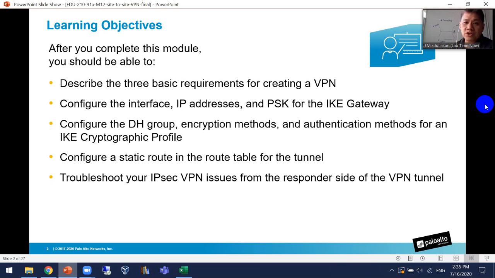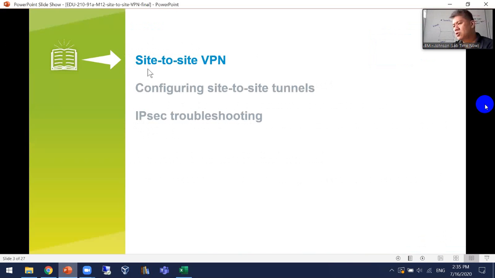So you're actually doing two things: IPSec crypto and IKE crypto. Then you configure a static route so that the routing can happen properly. Then we will learn how to troubleshoot. We'll teach you about site-to-site VPN first.